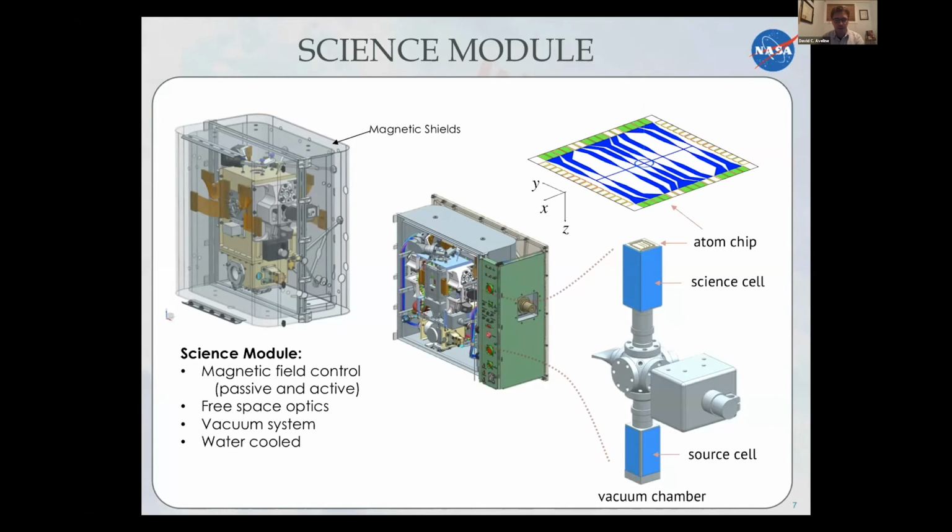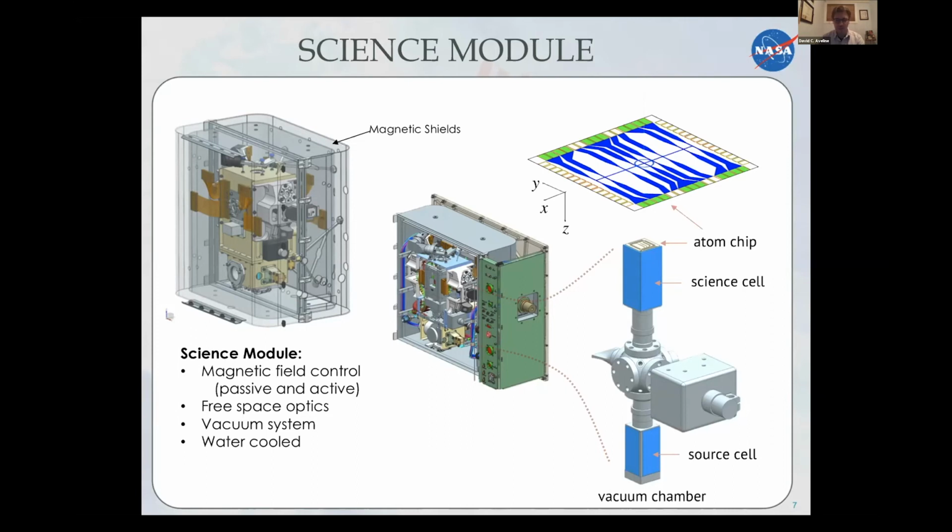And then we've got a lot of the mechanical structure that's holding the free space optics being shown in to create our 2D MOT, our magneto-optical trap, and our 3D MOT. We also have, of course, the vacuum chamber in the middle of it, and there is water cooling and some thermal management. You see some thermal straps and things in there to help bring some of the heat out that the coils and these other dispensers and things add to the system.